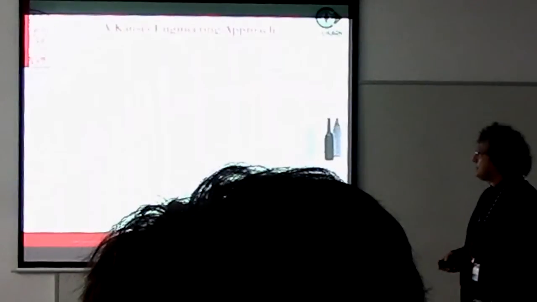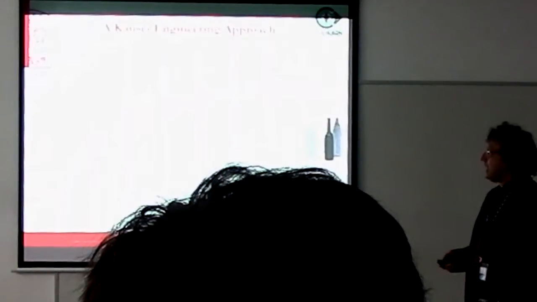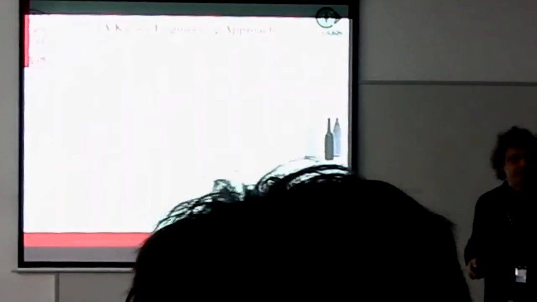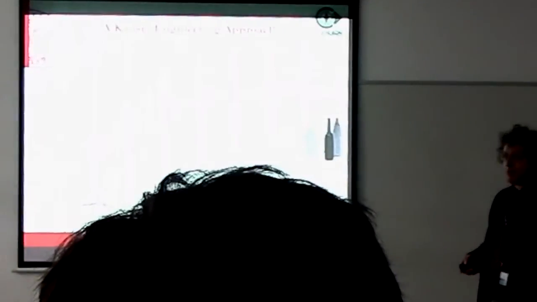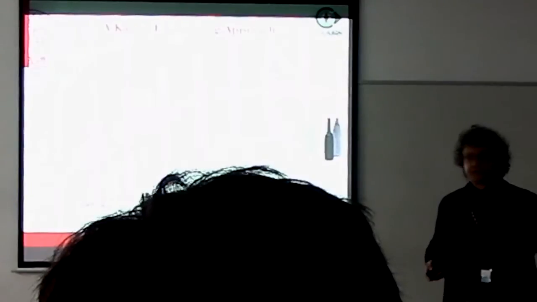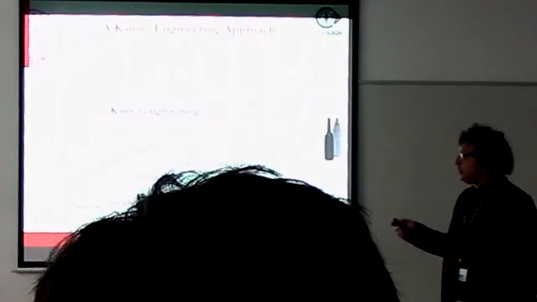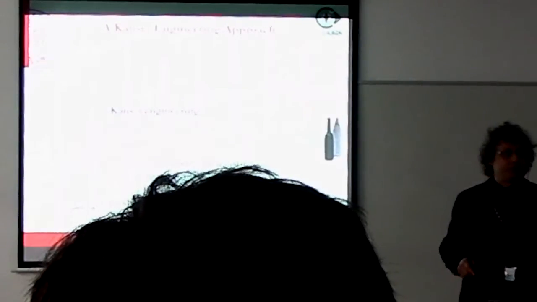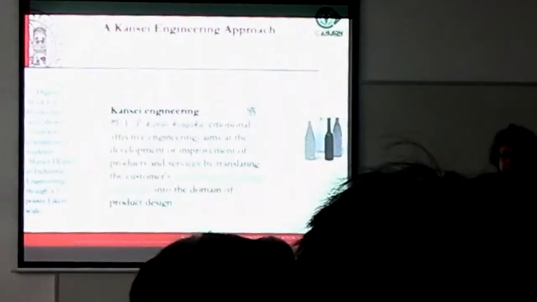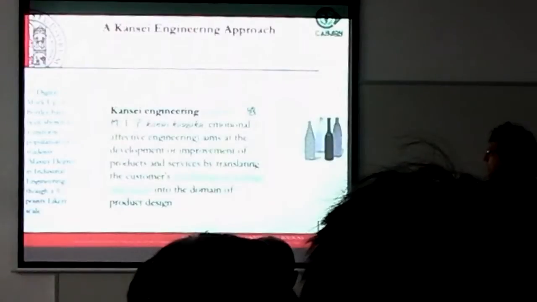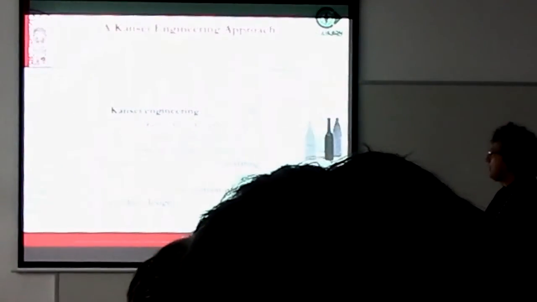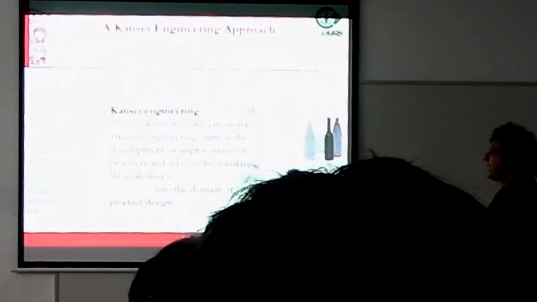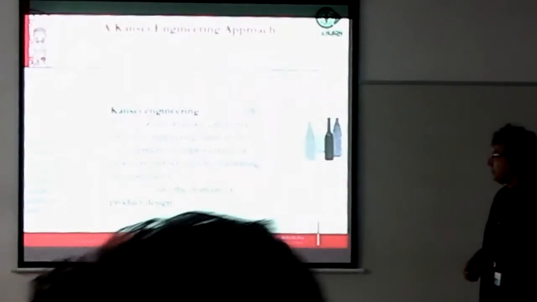The idea was to realize a number of digital mock-ups, 37. In this case, we realized 37 digital mock-ups by means of the system, and we adopted the Kansei engineering. Probably you know this type of approach is coming from Japan. The idea is to develop and improve products by translating emotional impacts into the domain of product design.